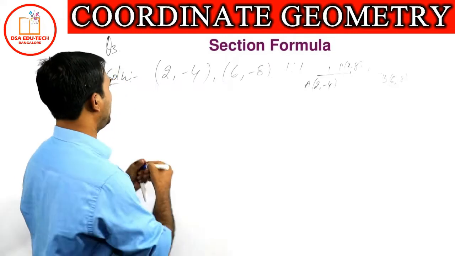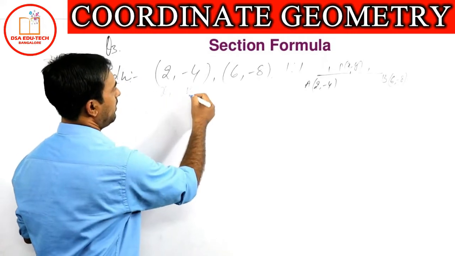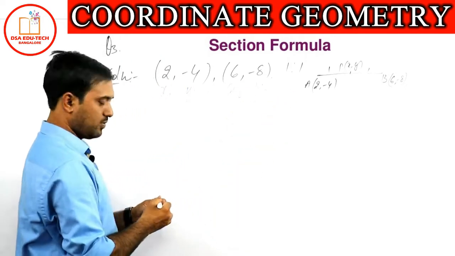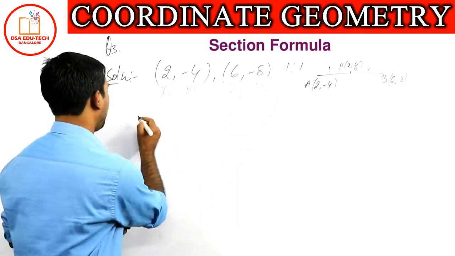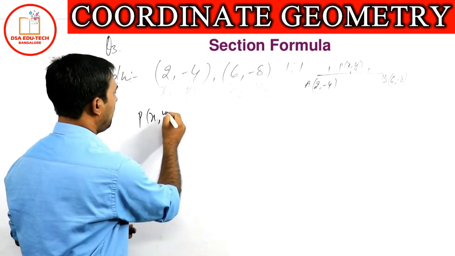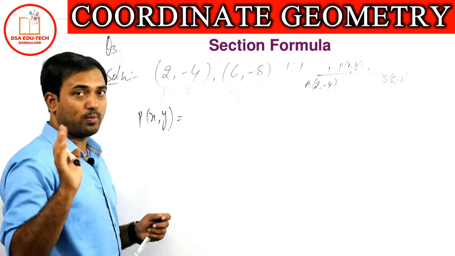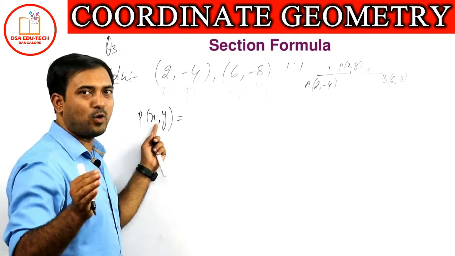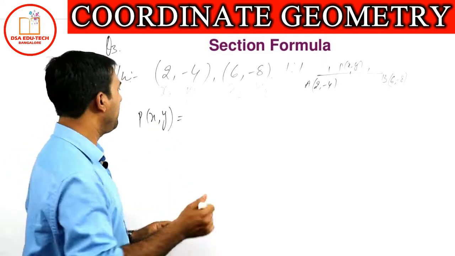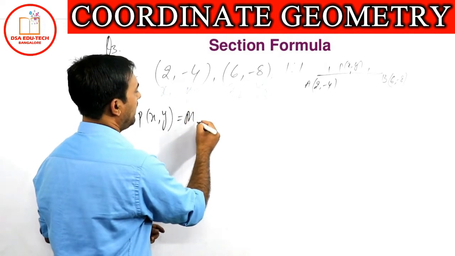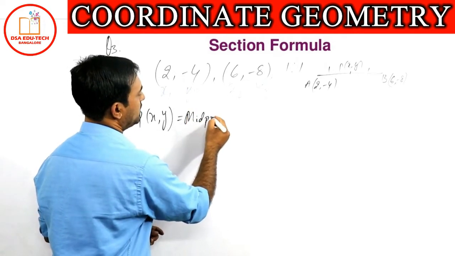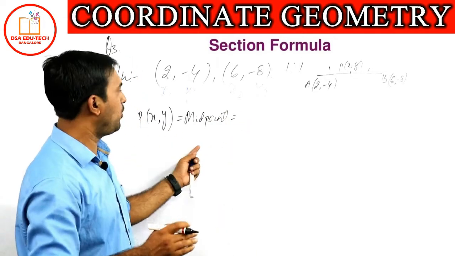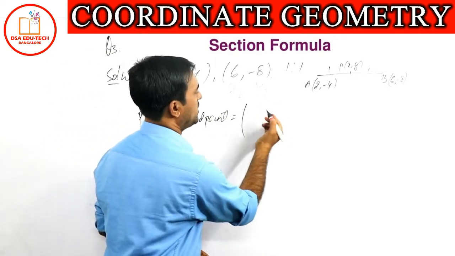So let me write first what it is: x1, y1, x2, y2. Formula we are aware, P of x, y is equal to. Now you might be asking, sir, should I have to write P of x, y or midpoint? You can write anything. Both will remain same. So this I can write midpoint is equal to, either you can write P of x, y or midpoint is equal to, the formula will change here a little.